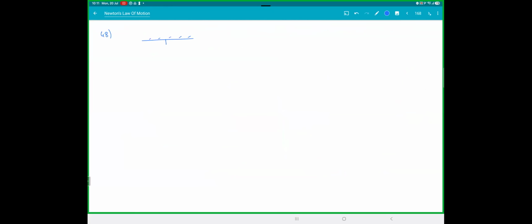Great. Let's see a question on this. These are one good set of questions. Let's say this is M, this is 2M. This is point A and this is point B. Massless springs, system is at rest.